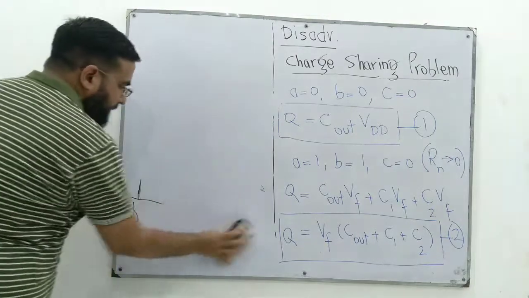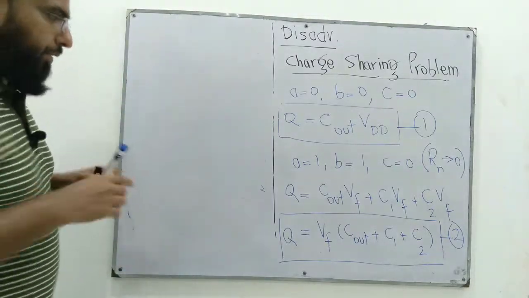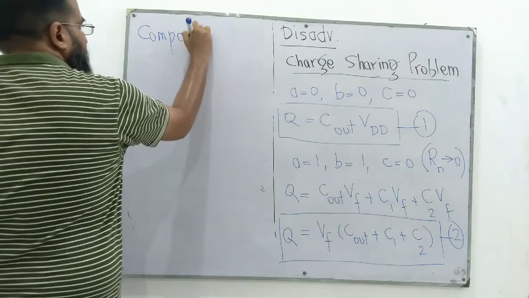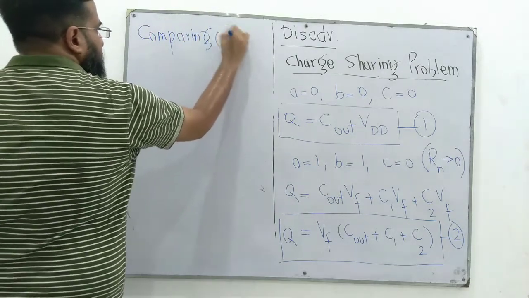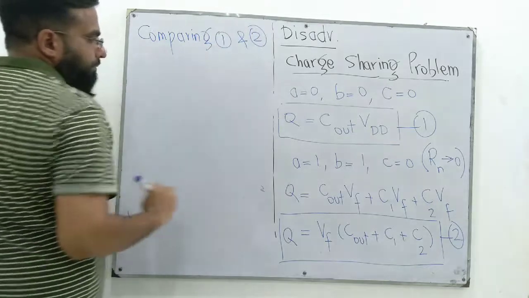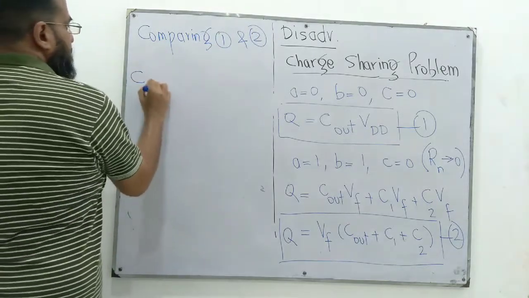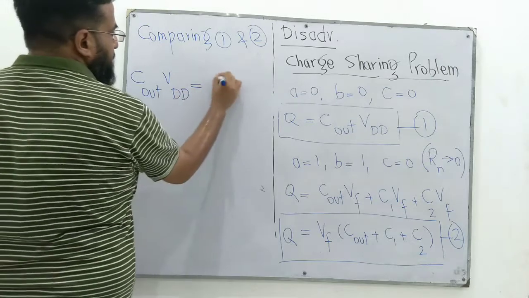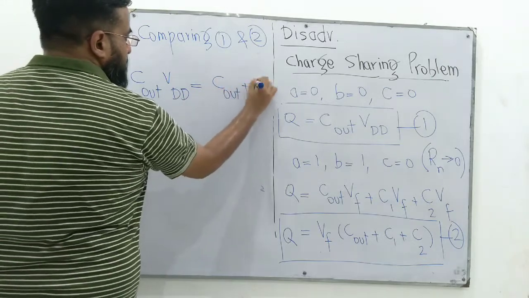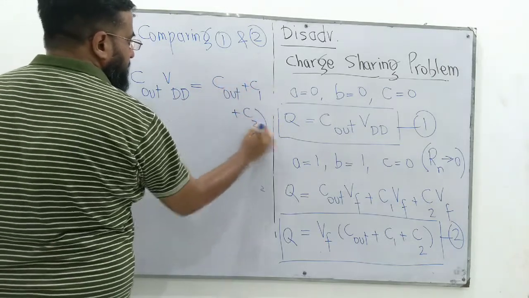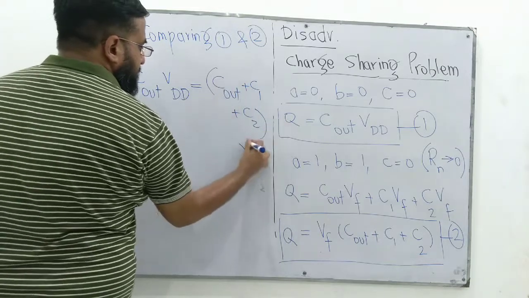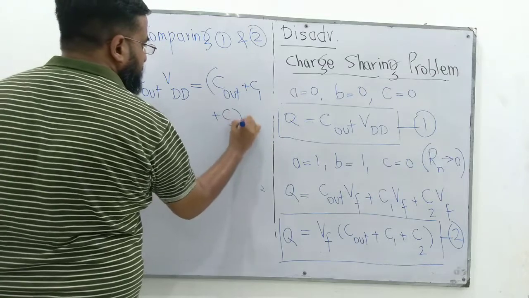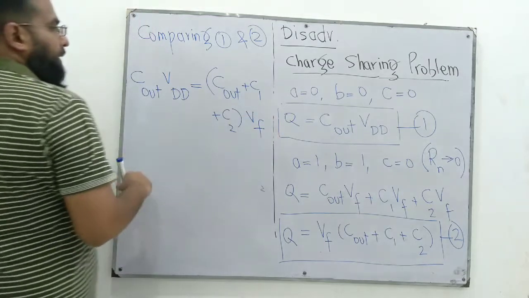So we reach Cout VDD is Cout plus C1 plus C2 times Vf.